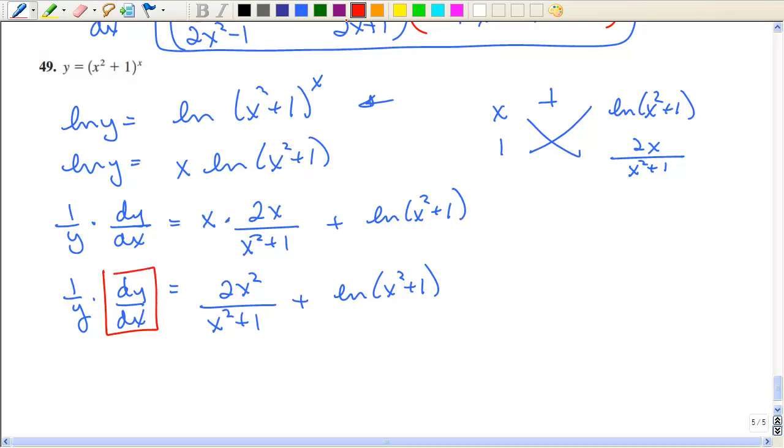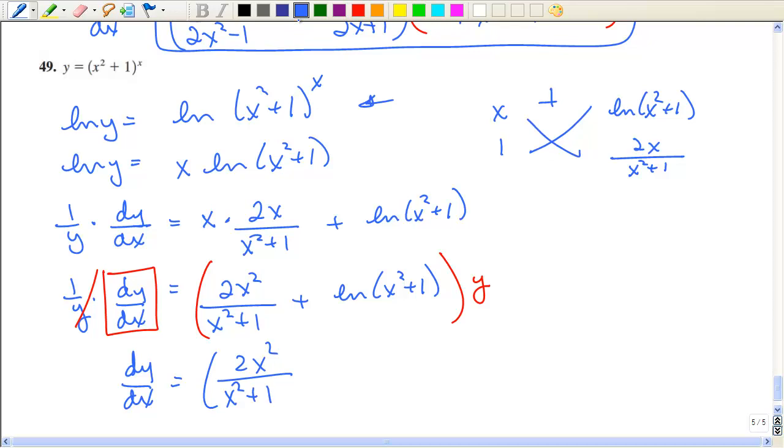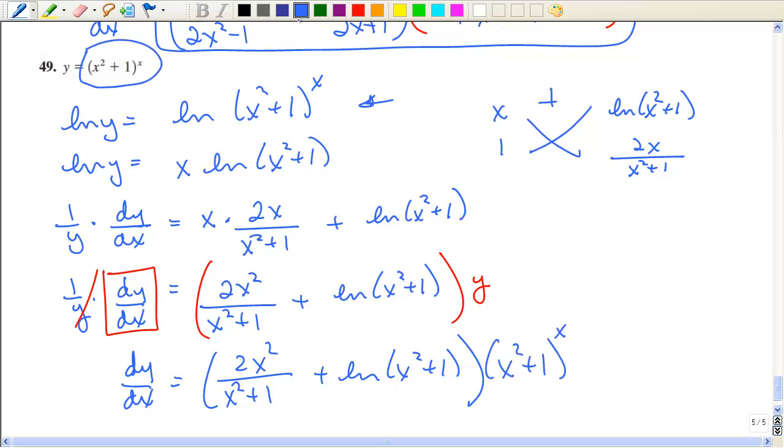And then to get this by itself, we want to multiply all of this times y, and y is your original function. And there's dy/dx. Not that hard, just kind of scary looking. Don't be afraid, just go for it.